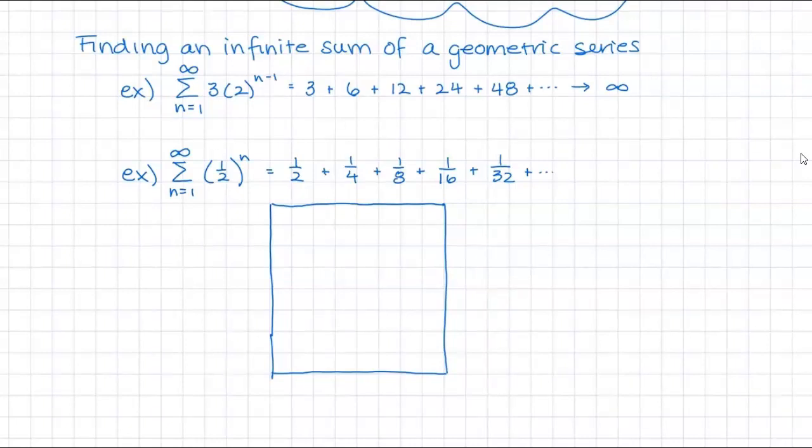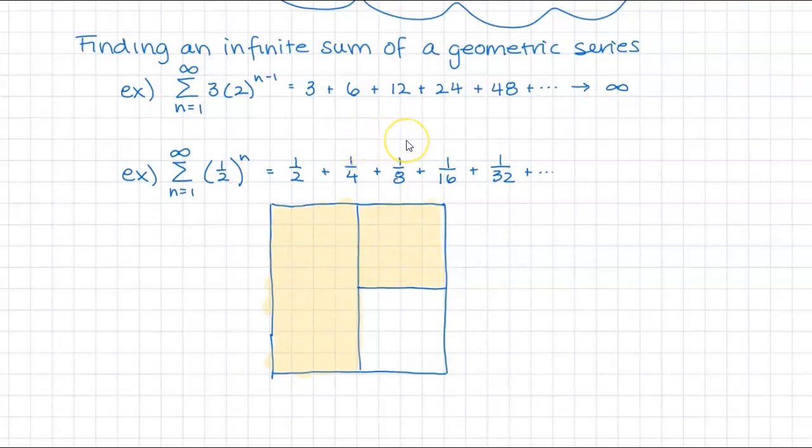So first I'm going to take 1/2 of the square and shade it. Okay, so there's 1/2. But now I'm going to add 1/4. So I've just added 1/2. Now I'm going to add 1/4, which would be that piece right up here.